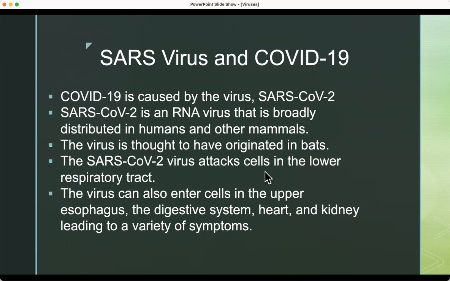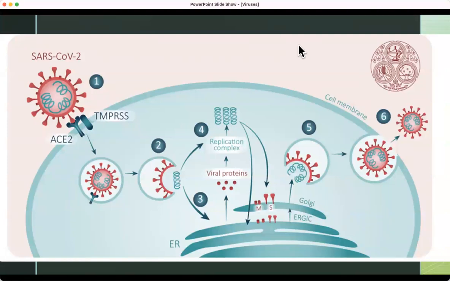In addition to that, the COVID-19 virus is constantly mutating, and that is why we see different symptoms as well. Now, this is a complicated picture, but there are just a few things I need you to know about this. So first of all, just as with influenza, the entire SARS particle enters the host cell. So I'm going to write that here for you.